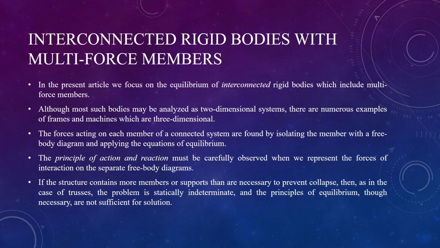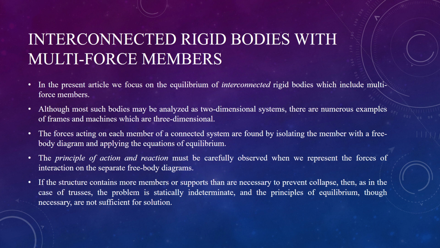Now, if the structure contains more members or supports than are necessary to prevent collapse, then, as in the case of trusses, the problem is statically indeterminate, and the principles of equilibrium, though necessary, are not sufficient for a solution. Although many frames and machines are statically indeterminate, we will consider only those in this chapter which are statically determinate.